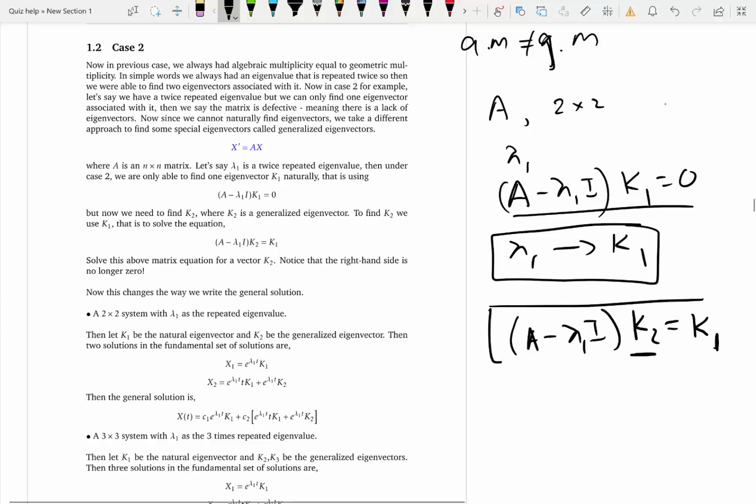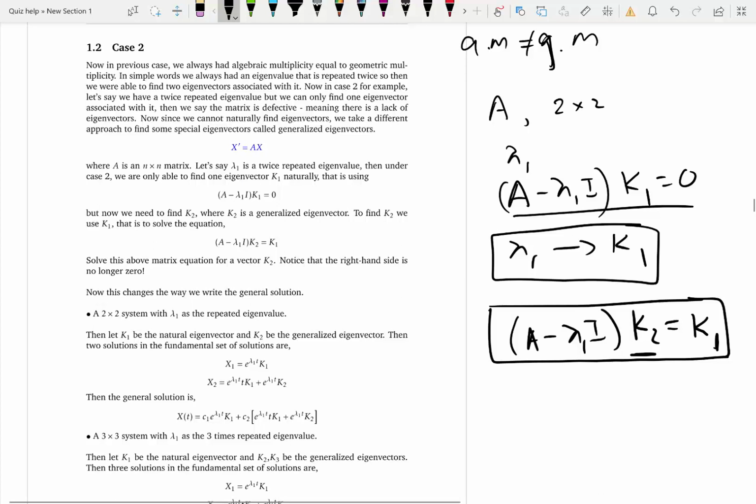Okay, so what do we do? We find that capital K2 by using, on the right hand side, the previously found eigenvector, the natural eigenvector you found. You use that to find that other eigenvector K2, linearly independent of K1.